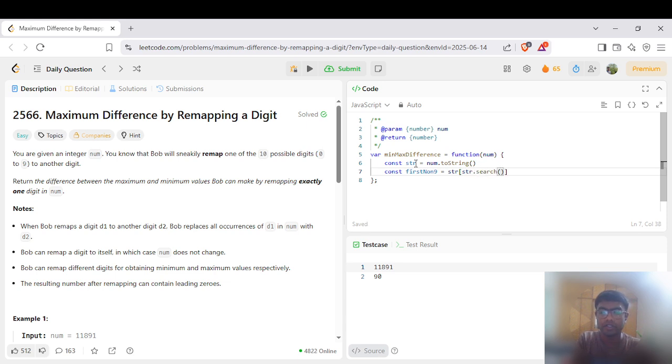We are using regex here to find the first non-9 digit and make it 9, and we would end up with the maximum value.